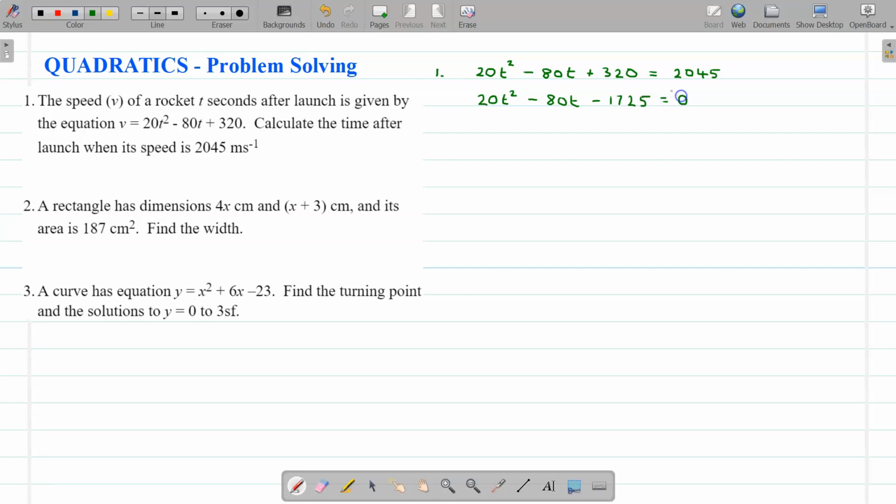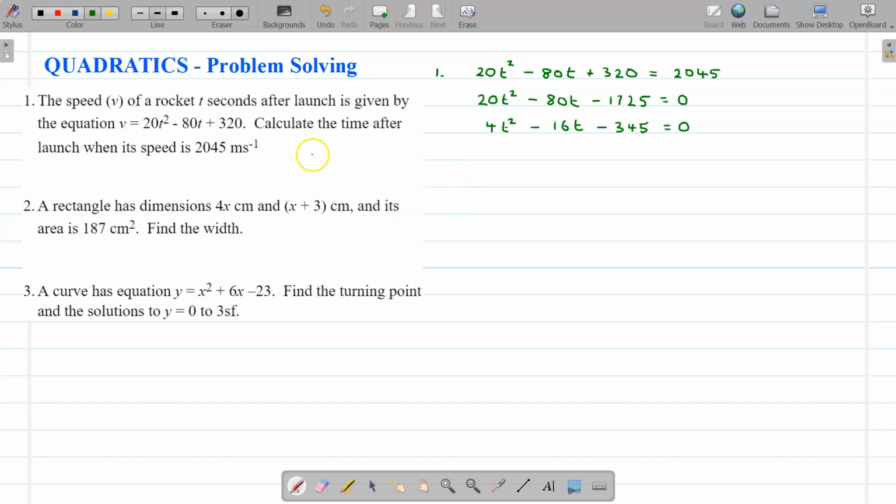We could try to factorize it or solve it with the formula at that point, but the next obvious thing to do is divide throughout by 5 to give me 4t squared minus 16t minus 345, okay, equals 0, and solve that instead, because that will be easier to work with.